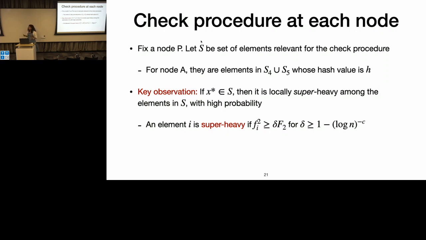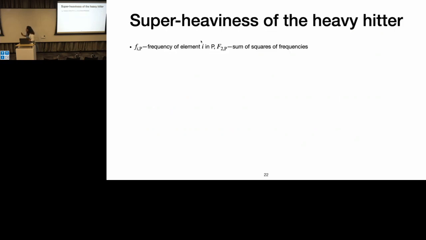Or in other words, if you look at all the non-heavy elements, the sum of their frequency squares is at most a 1 over polylog n factor of the frequency square of the heavy hitter. So it's really heavy, not just constant heavy, but 1 over polylog n heavy. These kinds of super heavy elements we can detect efficiently, and that's exactly what the check procedure is going to do. So first I'm going to argue why this observation is true.